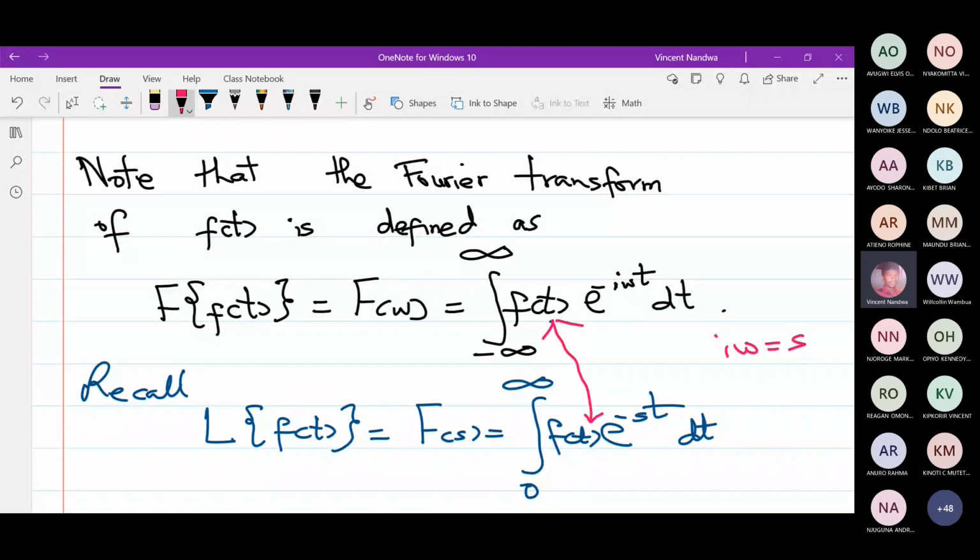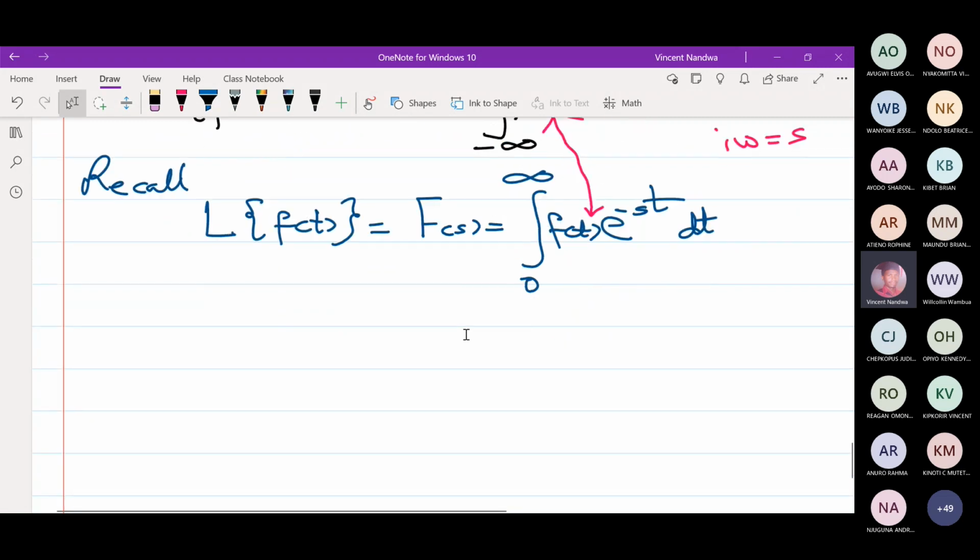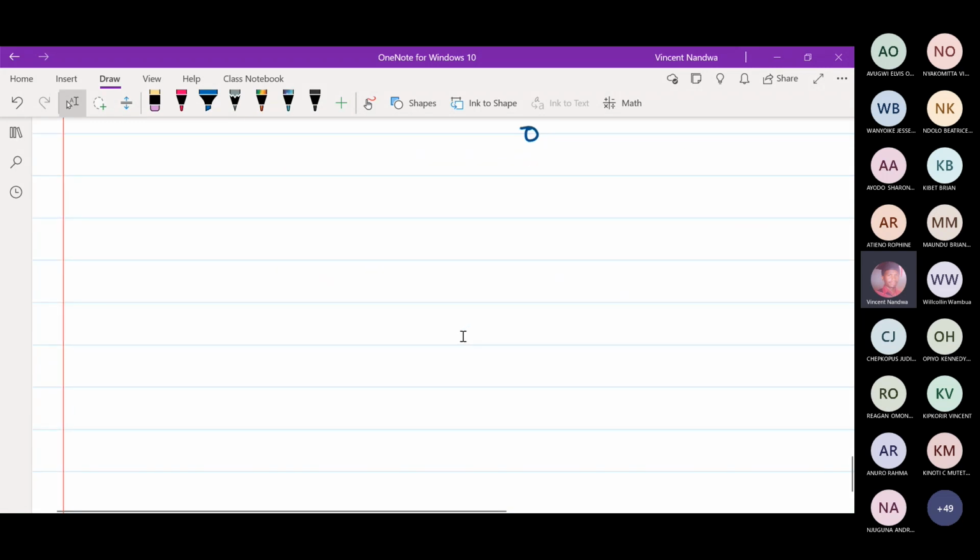So let's do the first appetizer to appreciate how to find the Fourier transform. So appetizer 1. Find the Fourier transform of a function f of t given by u of t times e raised to power negative t, where u is a unit step function.